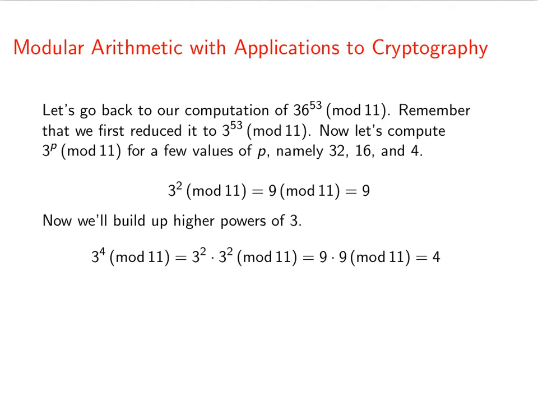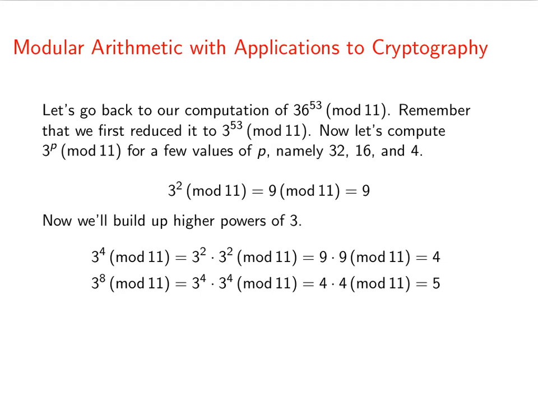So 3 to the 4th mod 11 is the same thing as 3 squared times 3 squared mod 11, so that's 9 times 9 mod 11. 81 mod 11, that's pretty easy to do. That's going to come out to be 4. Now we'll build this up to 3 to the 8th mod 11. 3 to the 8th is 3 to the 4 times 3 to the 4. And now we've already computed that when we reduce 3 to the 4, we get 4.